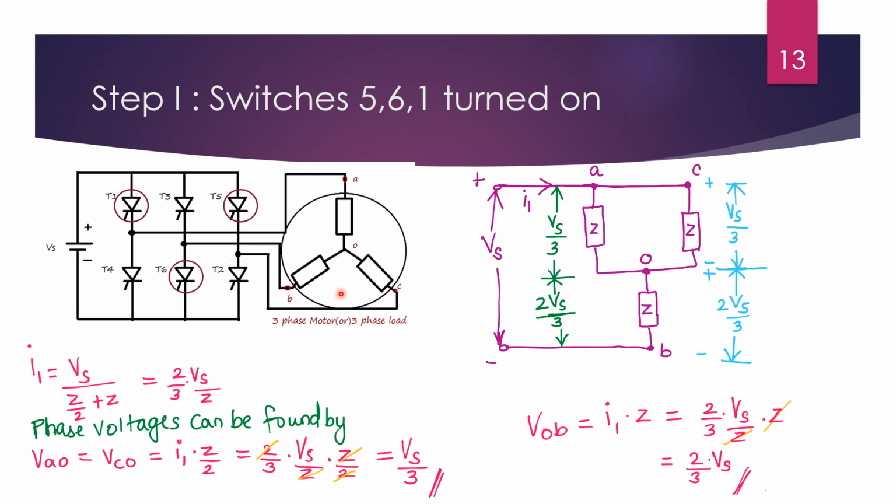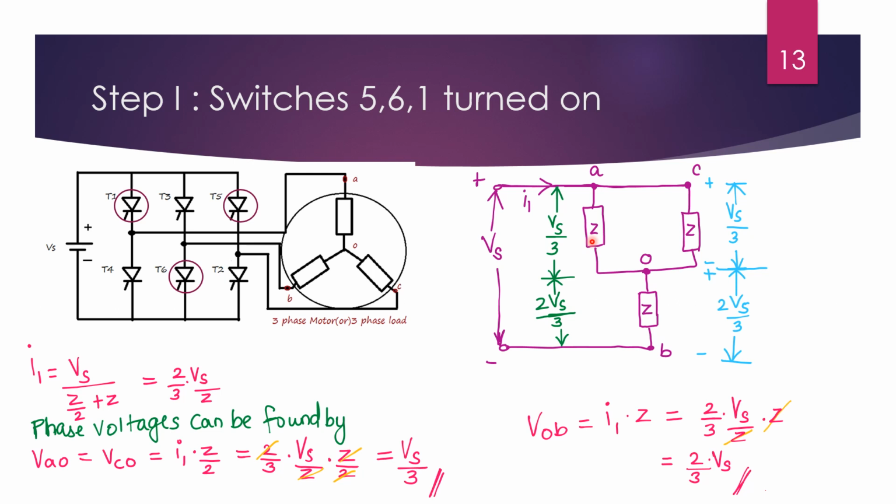For an easy understanding, let us assume the three-phase load is a balanced load, represented as Z. So all the three phases have a balanced load Z, Z and Z. Let us have an equivalent circuit from this circuit diagram, which is represented this way.